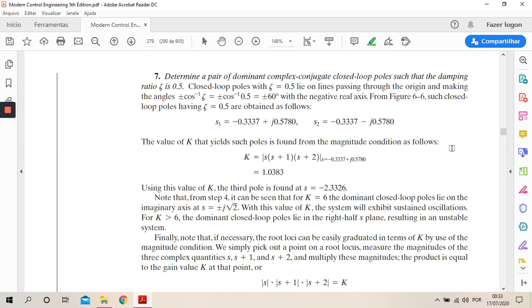And then the last step, step number 7: determine a pair of dominant complex conjugate closed loop poles such that the damping ratio ζ is equal to 0.5.